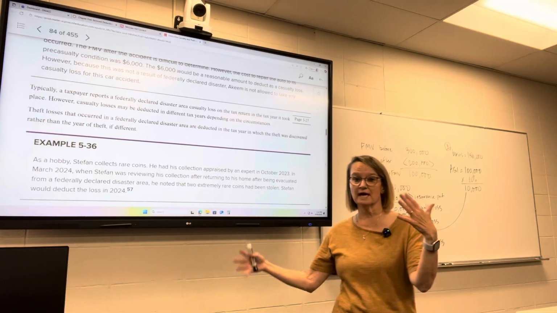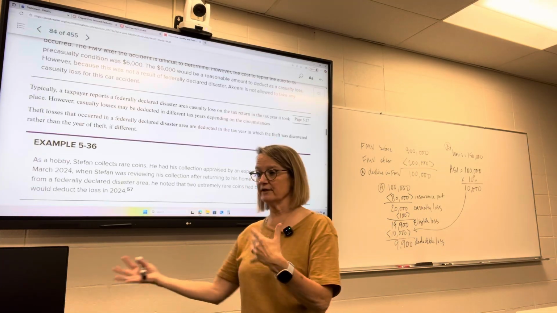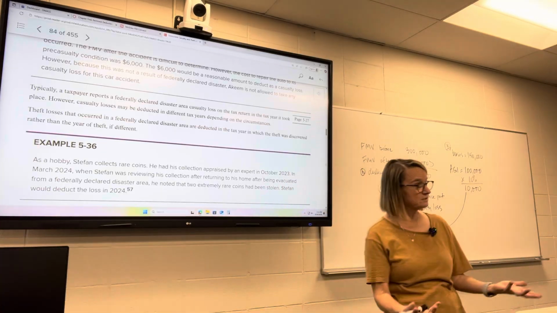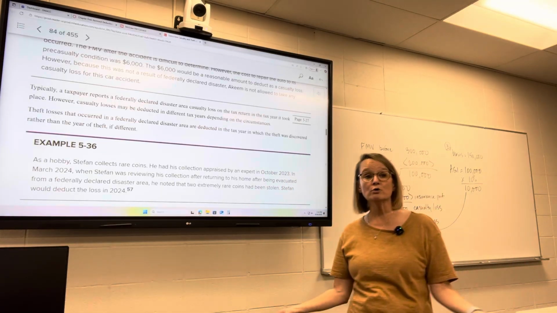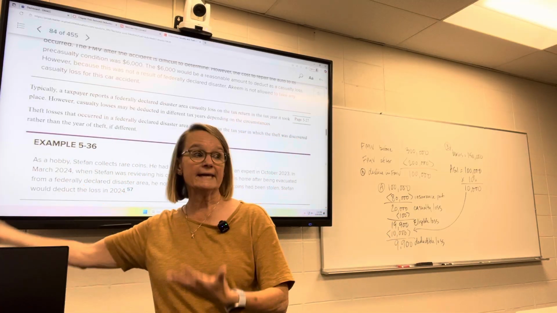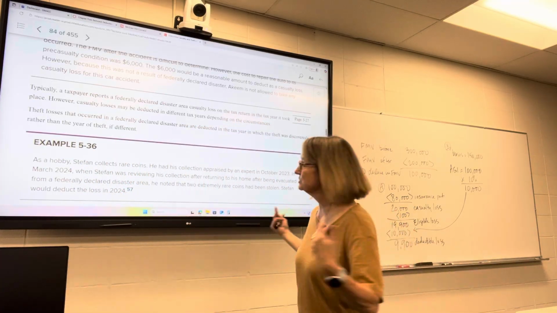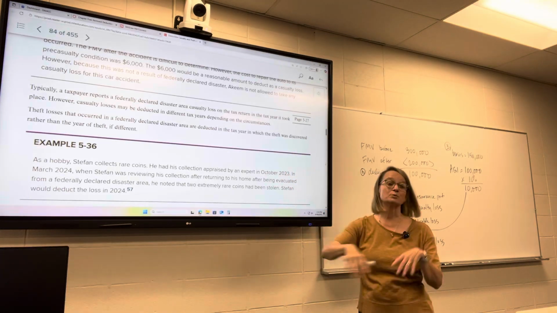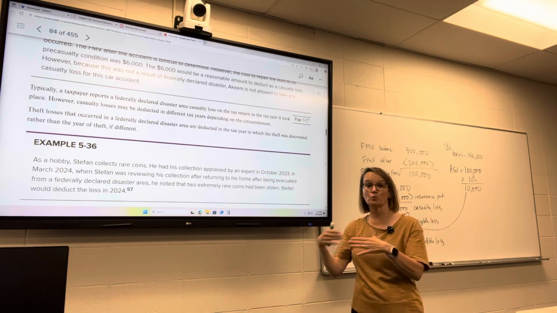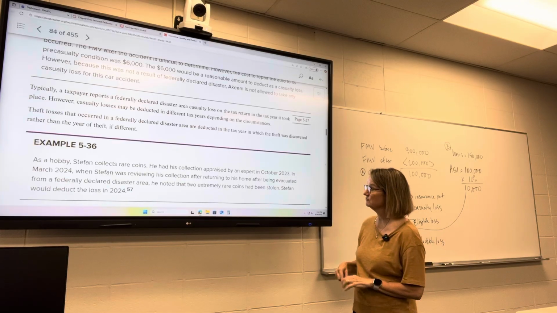It's not because of the actual event, but as a result of the event, the looting occurs. That would be the theft that's associated with it. But you don't notice that something was stolen until later, maybe the next year, when you're looking for it and you realize, oh my gosh, that was stolen as well. So in that case, when you discover it, that's when you get the actual deduction for it.